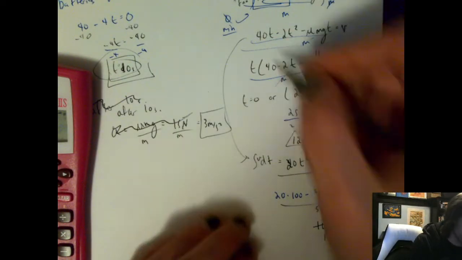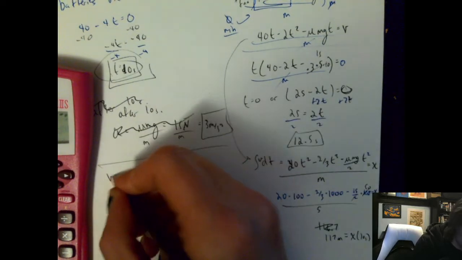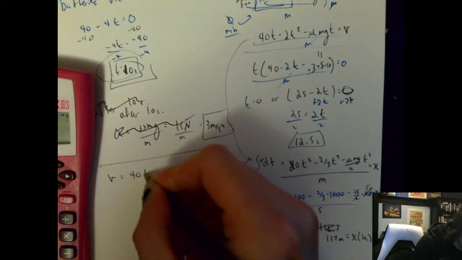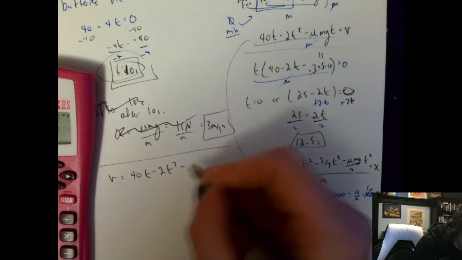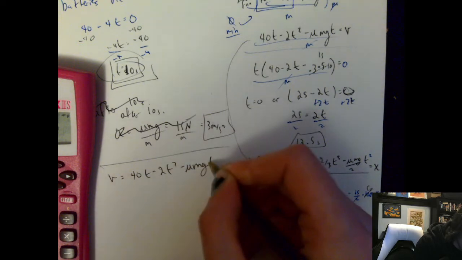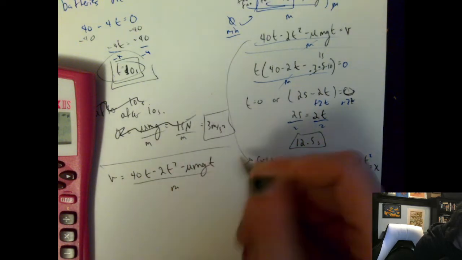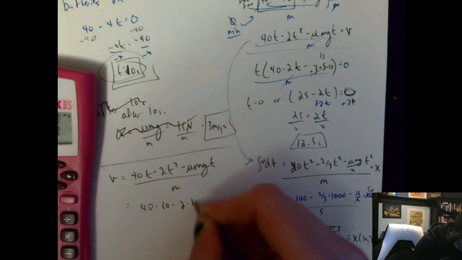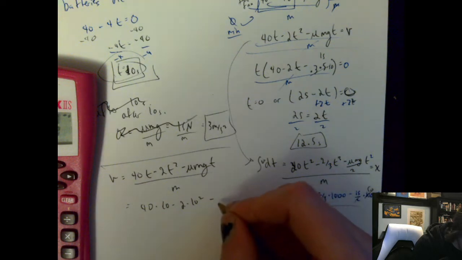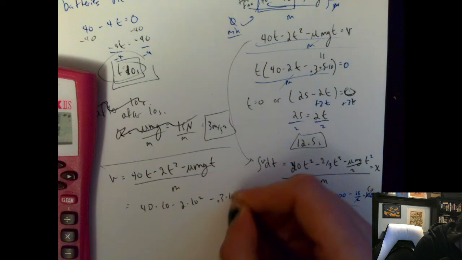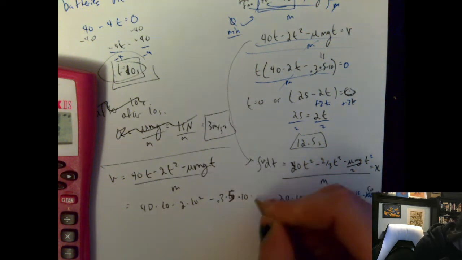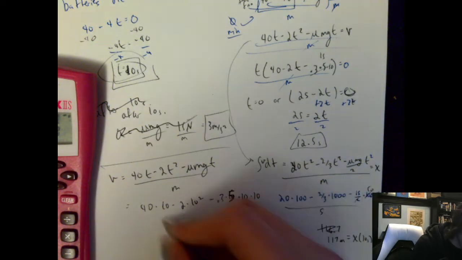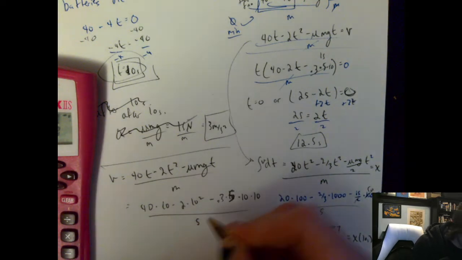Our velocity at 10 seconds, we can take that velocity equation and divide that by the mass, which will get us 4 times 10 minus 2 times 10 squared minus 0.3 times 5 times 10 times our time of 10, divided by our mass of 5.